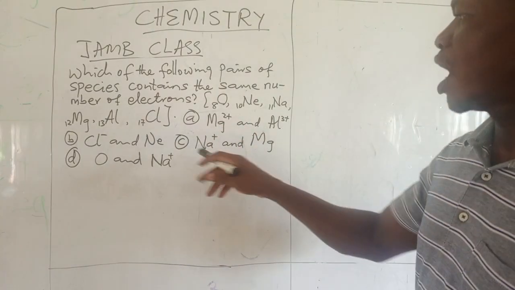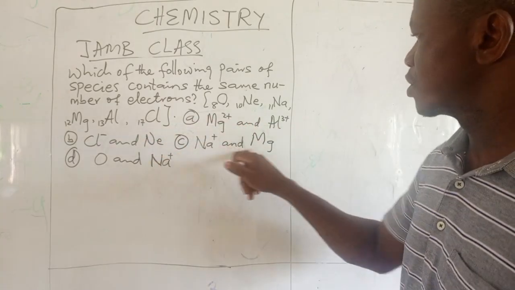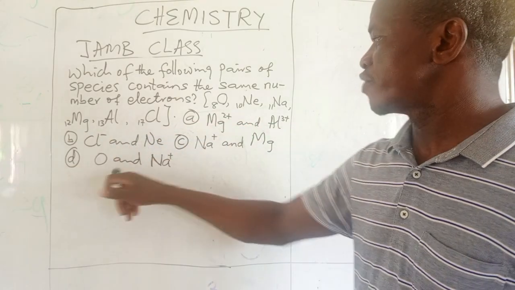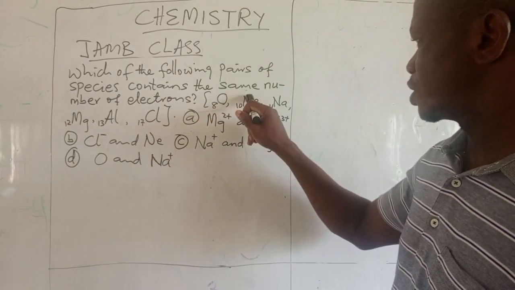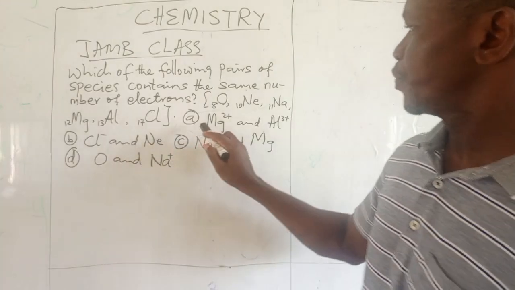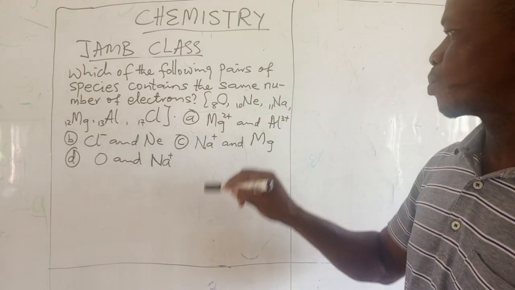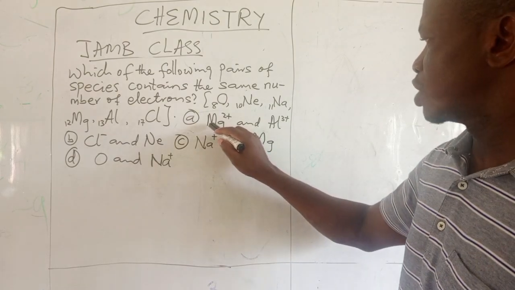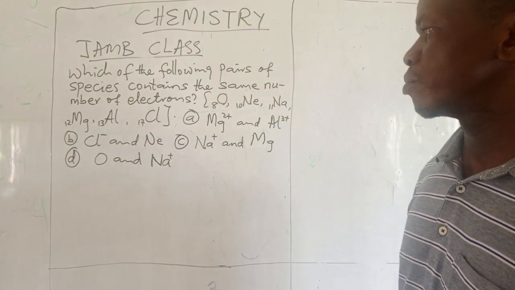So now they are asking you which of these pairs will have the same number of electrons. This is the number of electrons, and this is also the number of electrons of this one. But in this case, magnesium has plus. The number of electrons in this magnesium is not the same as this magnesium.